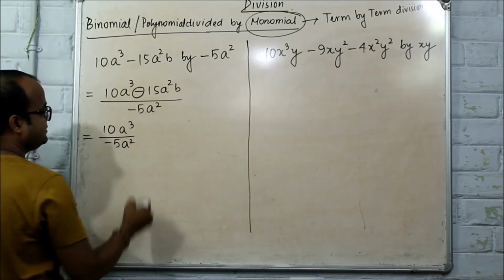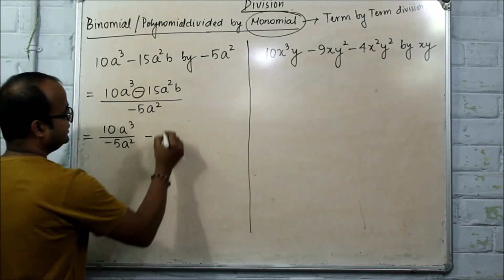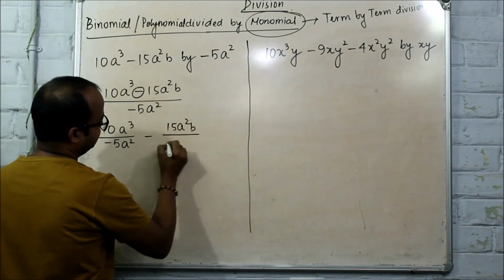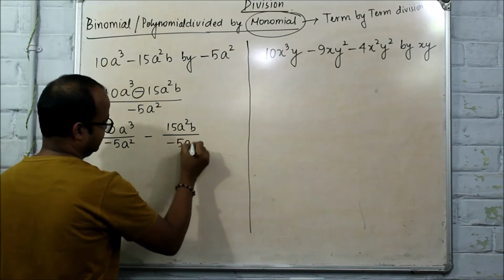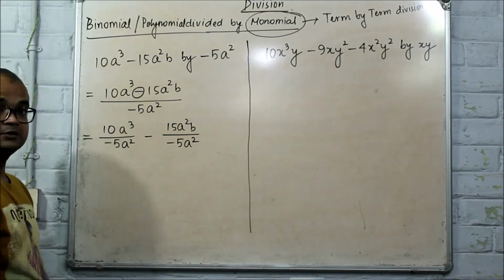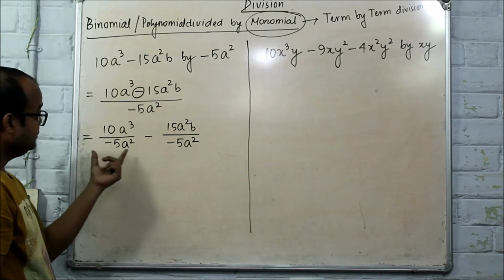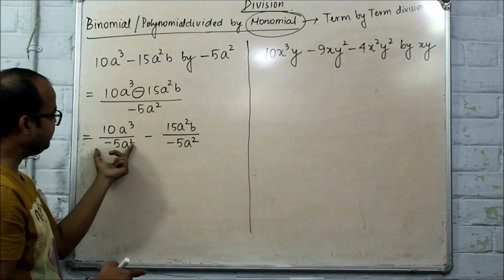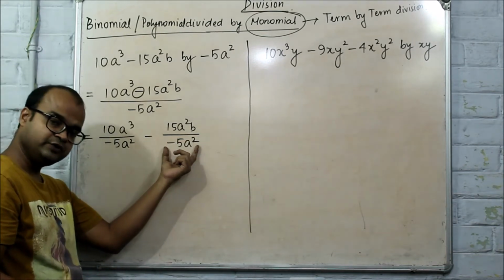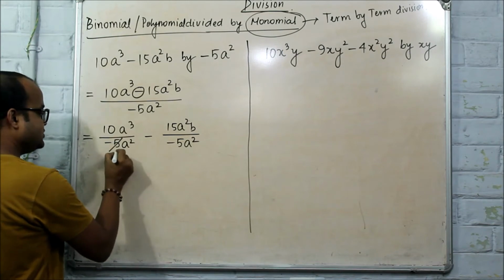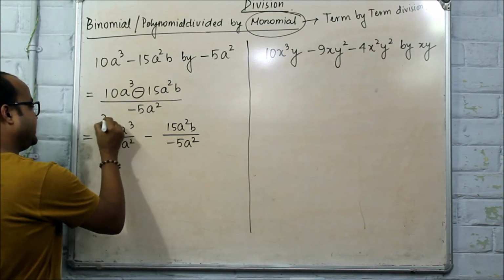The in-between sign is minus, so we write minus here, then 15 a square b by minus 5 a square. What we learned in monomial by polynomial, the same thing we need to apply here as well. With this term, first we simplify the numerical coefficient. 5 ones are 5, 5 twos are 10.